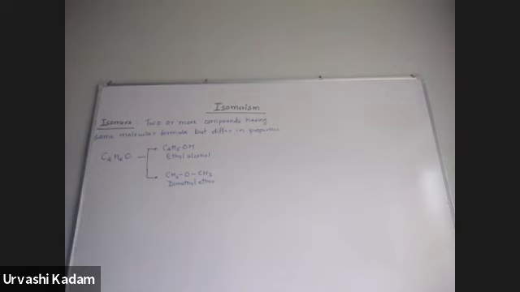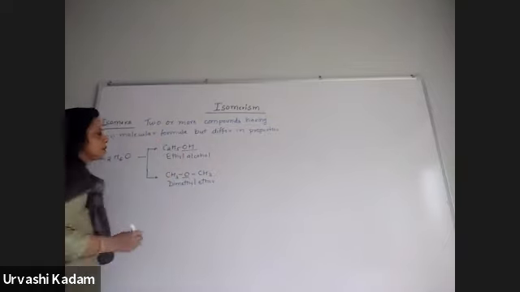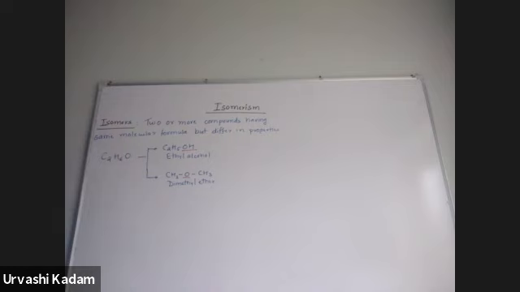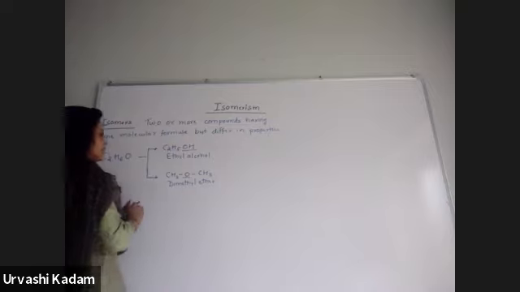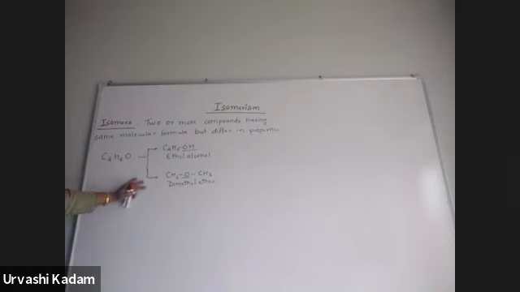And you can clearly see that these two are different. They have different functional groups. This is alcohol and this is ether. So obviously they are going to differ in their chemical properties. Their physical properties are also different. This is liquid at room temperature and dimethyl ether is a gas at room temperature.